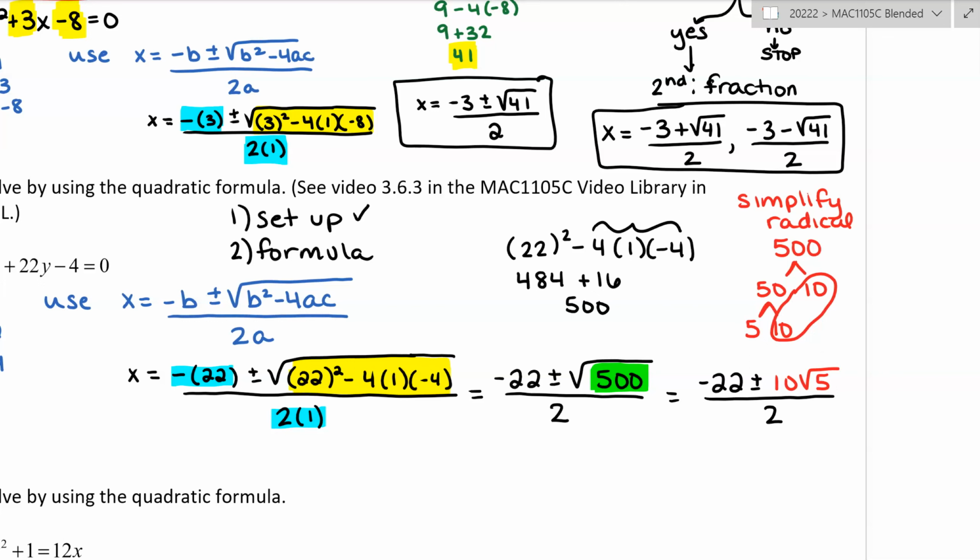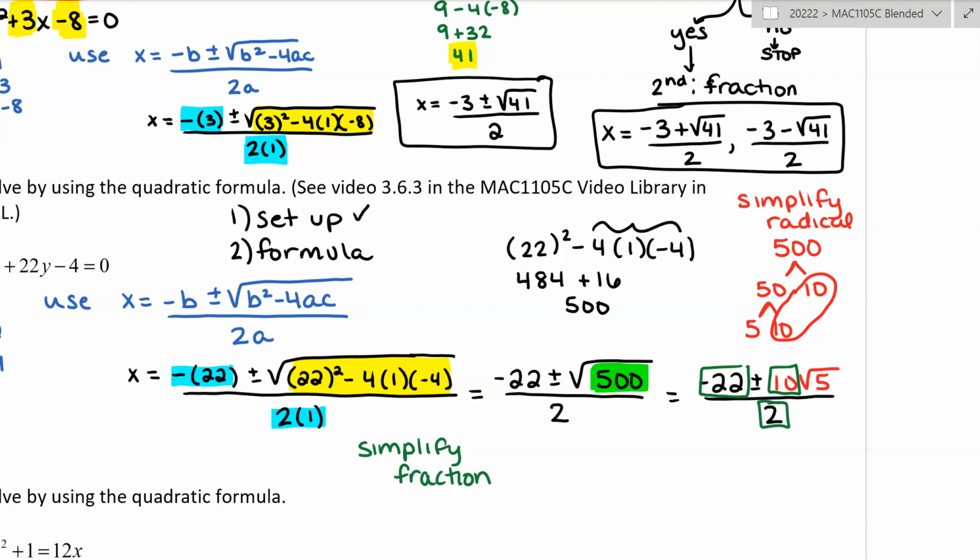So we were able to simplify the radical. So now we have to see if we can simplify the fraction. So let's talk about that. When we simplify the fraction, we're going to look at the 3 numbers outside of the radical. So negative 22, 10, and 2.